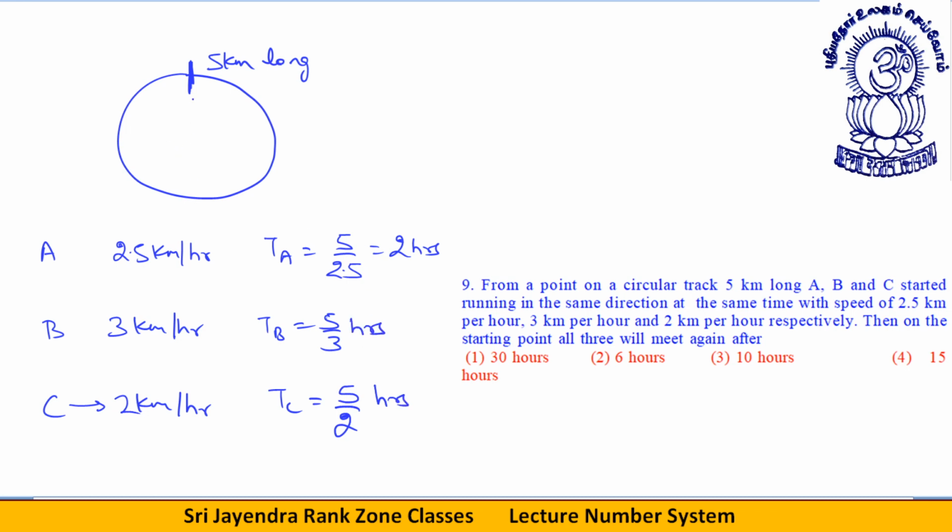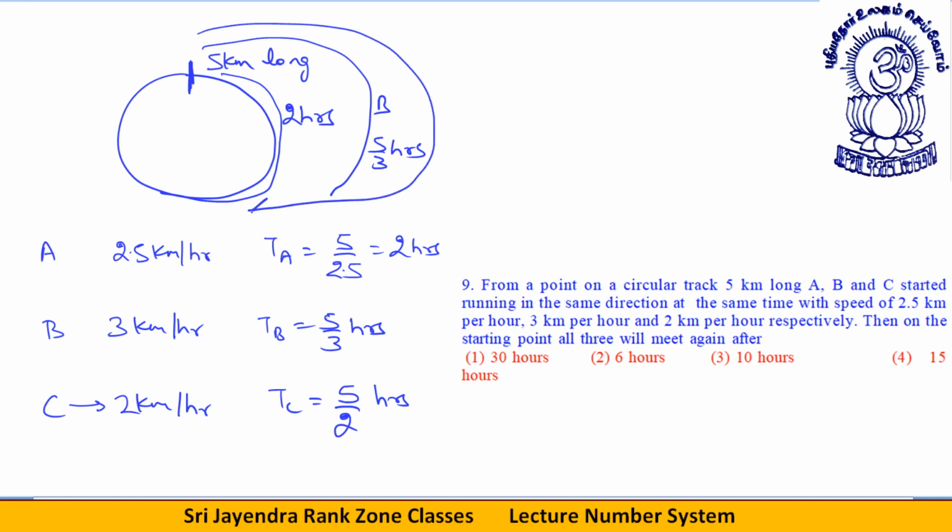The thing is that the students make the circular round. First person A makes the circular round in 2 hours. The second fellow B does it in 5 by 3 hours, and the same thing is being done by C in 5 by 2 hours.